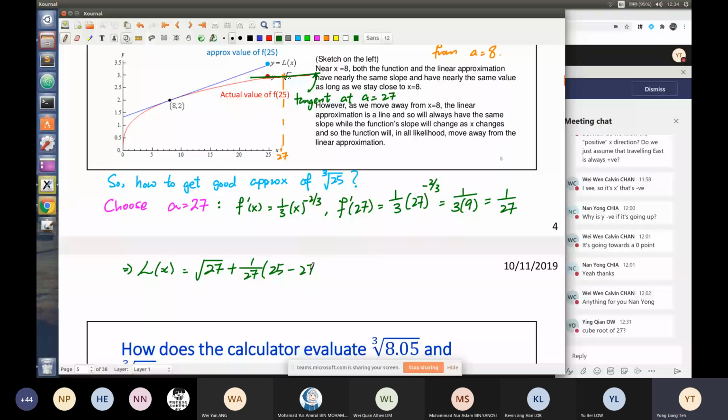Is that right? So therefore, this is 3 plus 1 over 27 times 25 minus 27, which is minus 2. So this is just 3 minus 2 over 27. Let's calculate that.